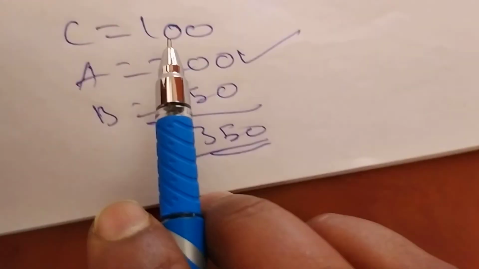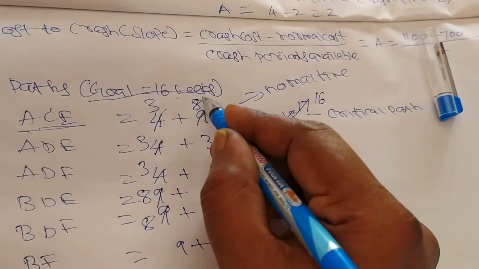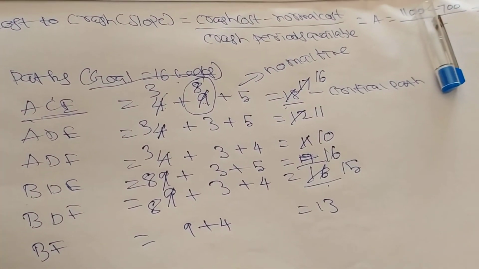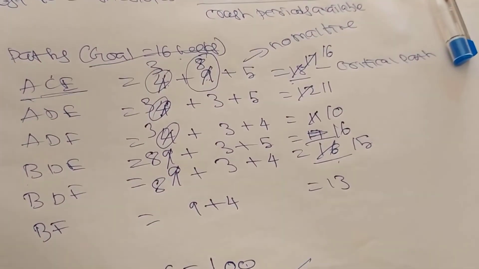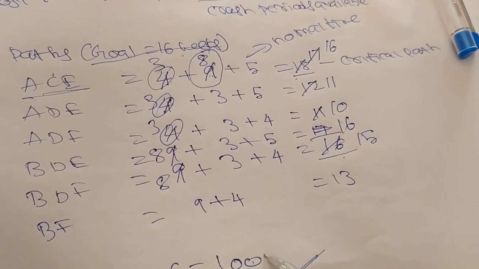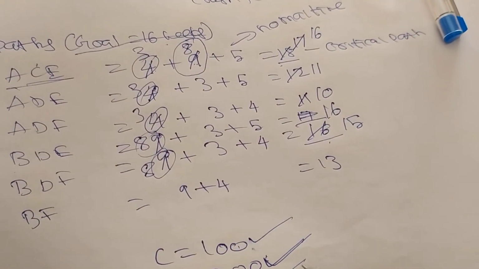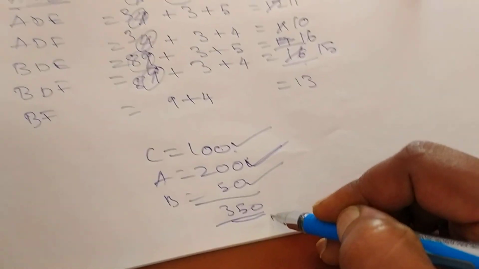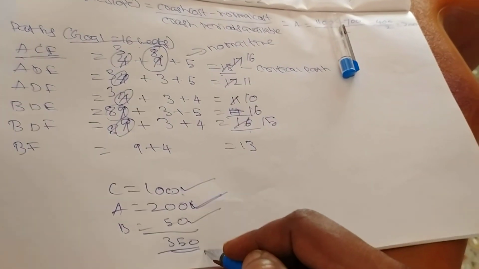Here I can write C equal to 100, because from here we have to reduce the C. Then for A we calculated, so that's why we have A, C. Then here B is reduced, so B. So it's a 350 amount. So this is the reduced cost, the crashing cost. That's all.